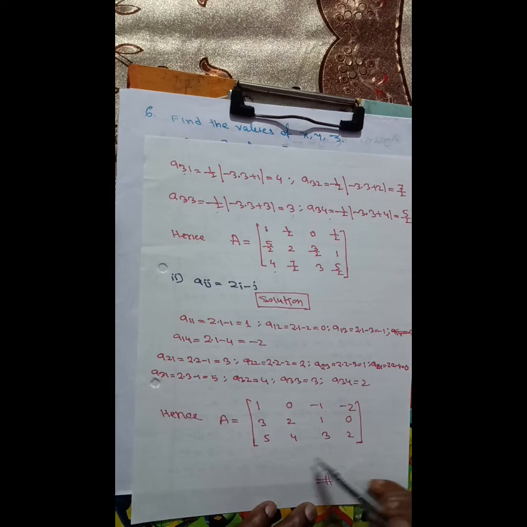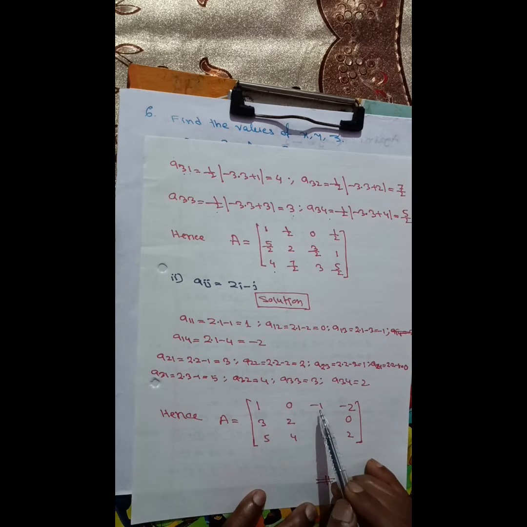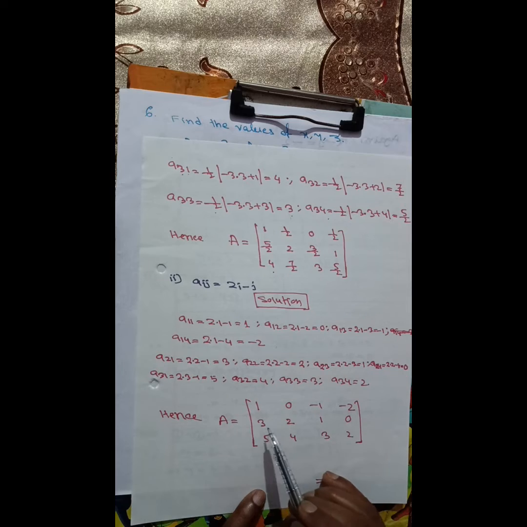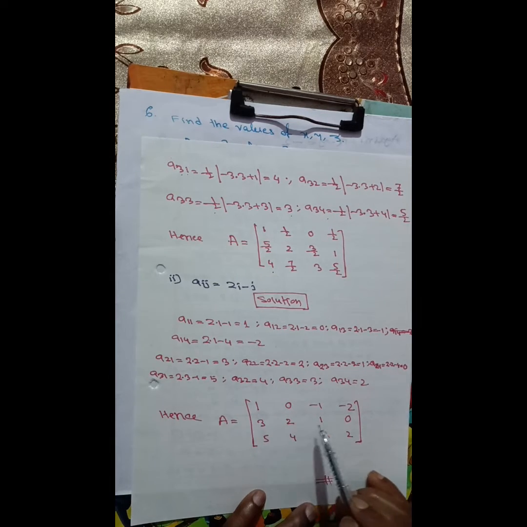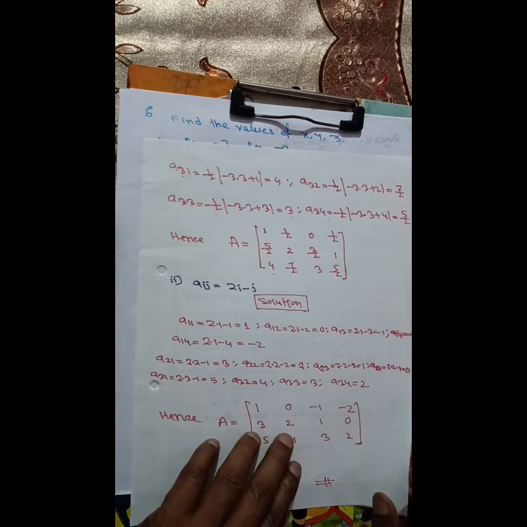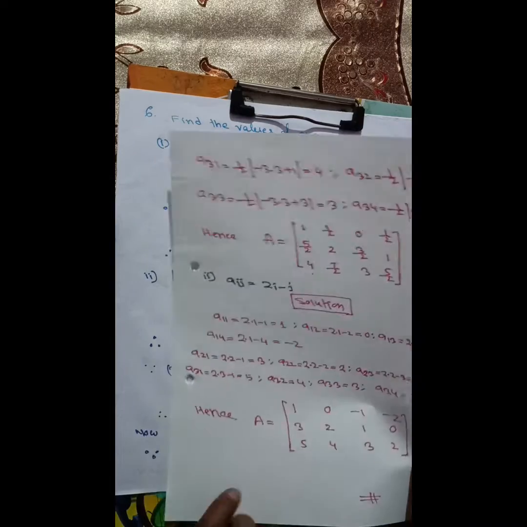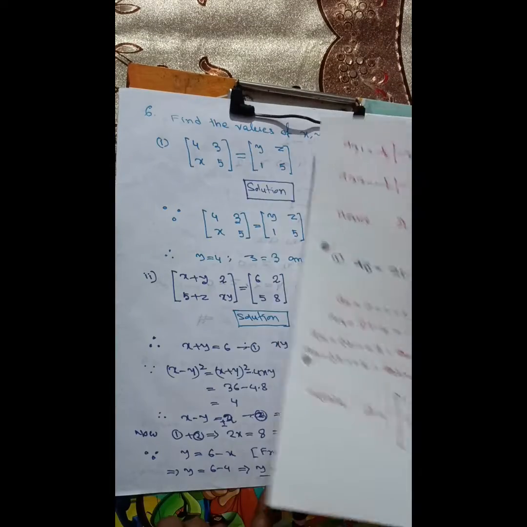If we put it in the matrix of 3 by 4 form, placing the position elements A11, A12, A13, A14, A21, A22, A23, A24, A31, A32, A33, A34, that gives the required answer, that is the 3 by 4 matrix. Very small problem, very easy, no difficulties in this problem.